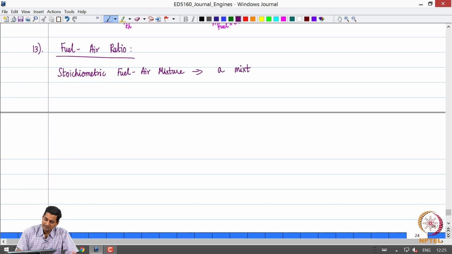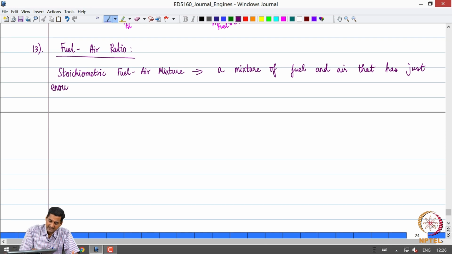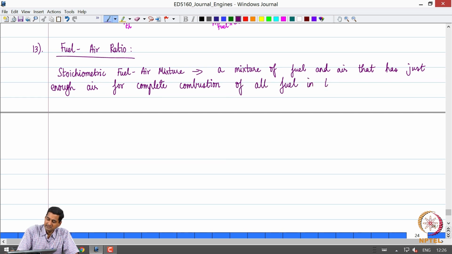It is a mixture of fuel and air that has just enough air for complete combustion of all fuel in the mixture is what is called a fuel air mixture.